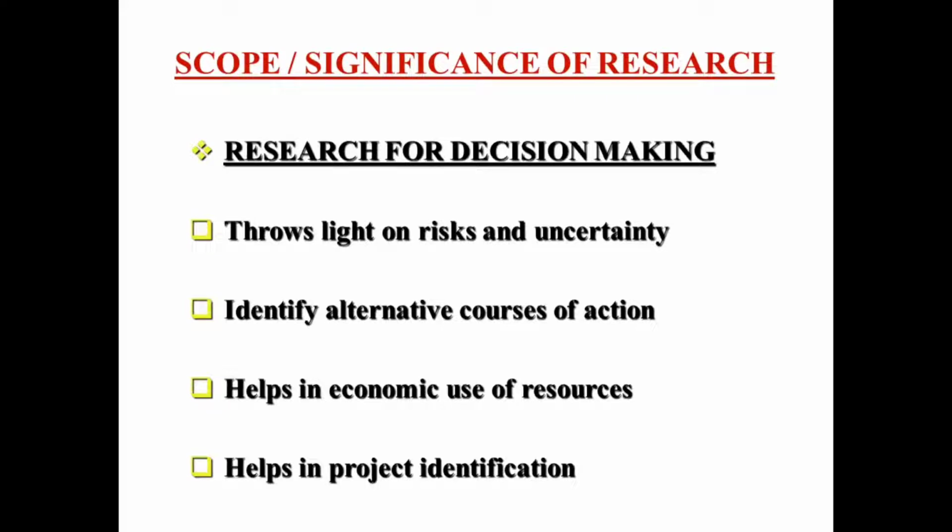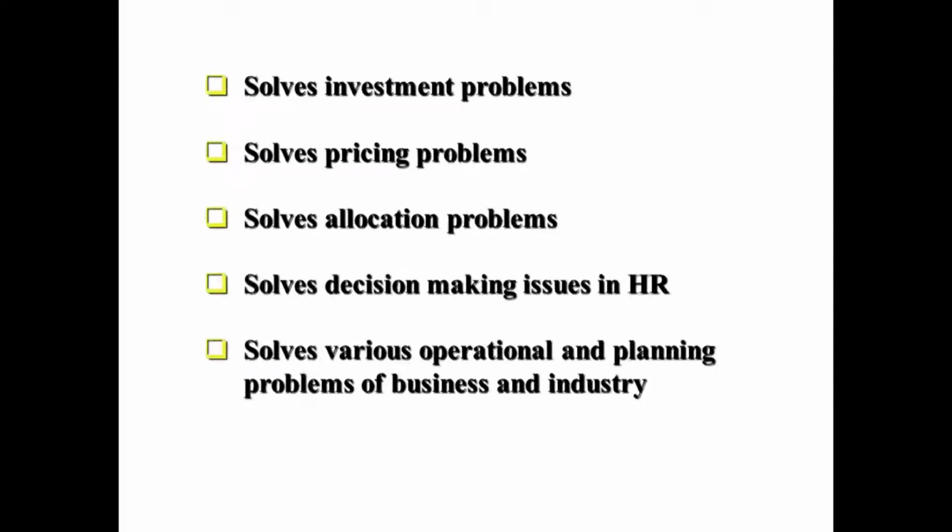Every research could be done for decision making, like throwing light on risks and uncertainty, identifying alternative courses of action, helping in economic use of resources, helping in project identification, solving investment problems, pricing problems, allocation problems, decision making issues in HR, and solving various operational and planning problems of business and industry.